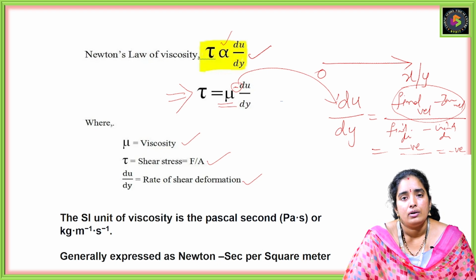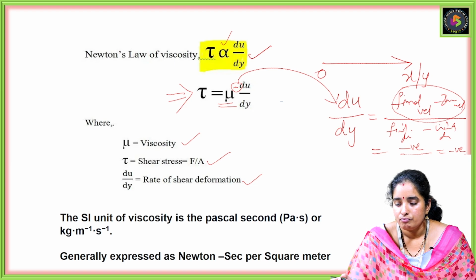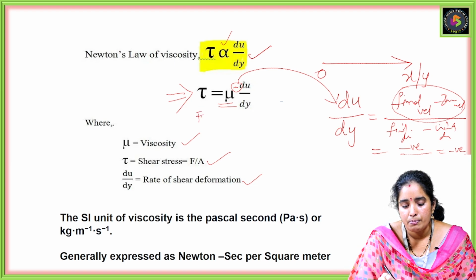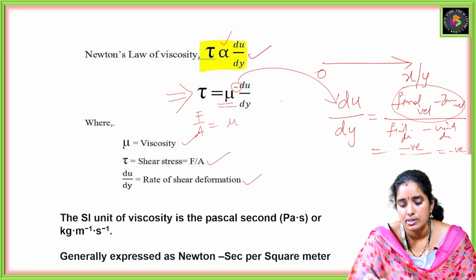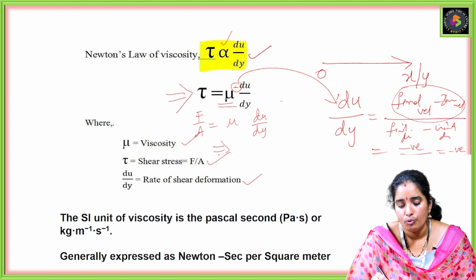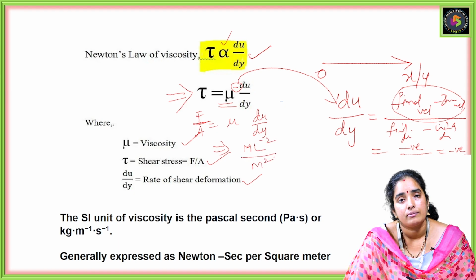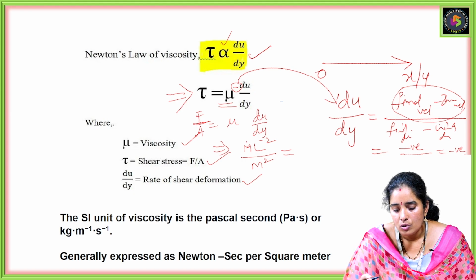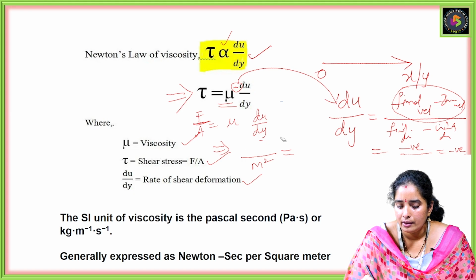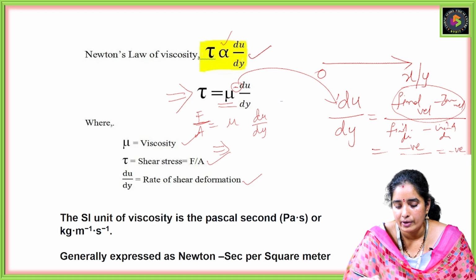Okay. What are the units of viscosity? You know, right? Shear stress tau, force per unit area, is equal to viscosity times velocity by distance. Force is mass into acceleration, mass M, acceleration L t power minus 2, divided by area, meter square. Otherwise, we can write in terms of units only, not dimensions.